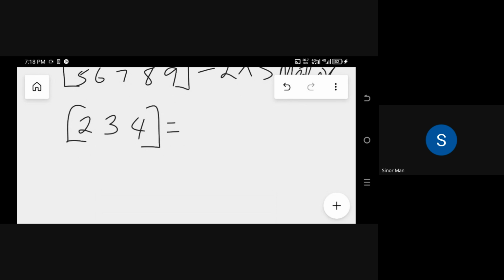Let someone else answer apart from this young man who just answered the last one. What would be the order of this matrix 2, 3, 4? Remember, count the number of rows, that's horizontally, by the number of columns vertically. So who else wants to tell us the order of this matrix?